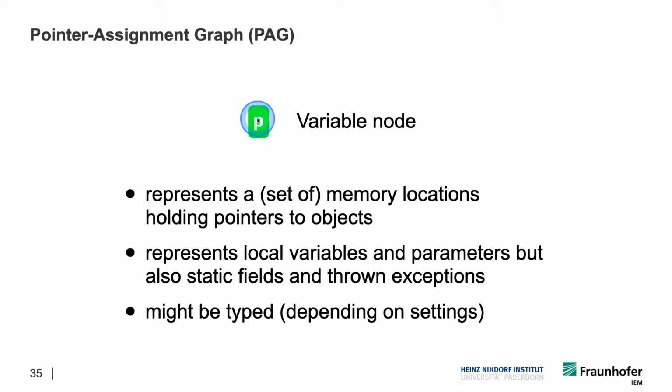So for instance, if you have on your current call stack 3 instances of a method that has a parameter p, in the graph, this is being represented by the same node p, right? So we don't distinguish these different kinds of calls. This might be typed or not, depending on the setting. So there are variants of these algorithms in Spark that use typing here. Other ones do not. We'll still be talking about that.